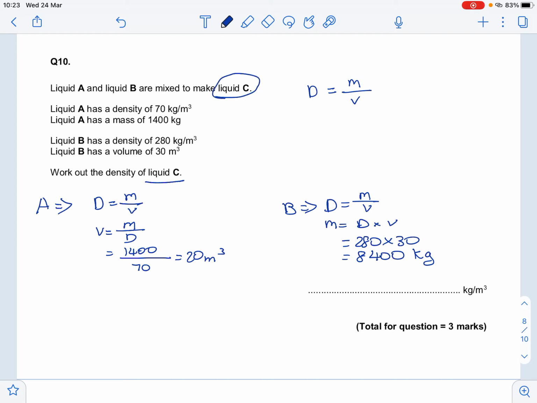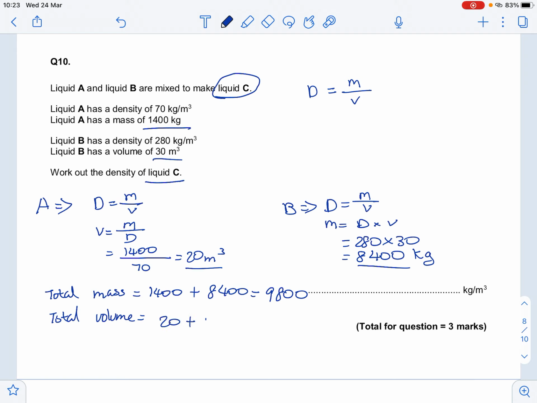Okay, so remember liquid C is a mix of A and B. The total mass is going to be 1,400 plus 8,400, which is 9,800. The total volume is 20 plus 30, which is 50.